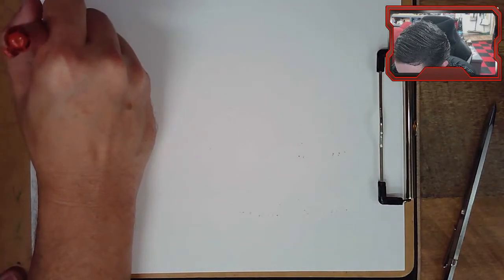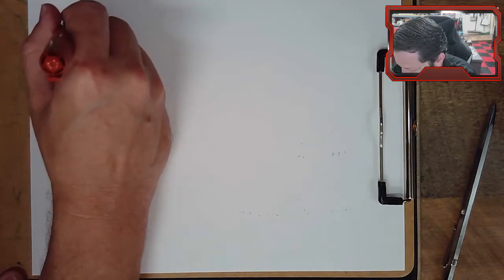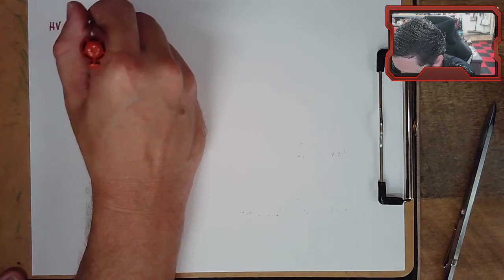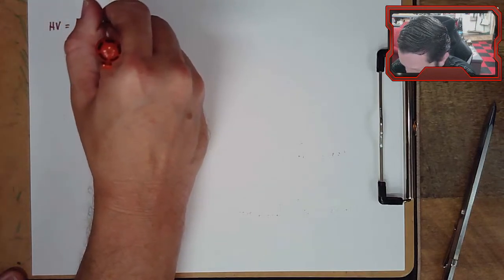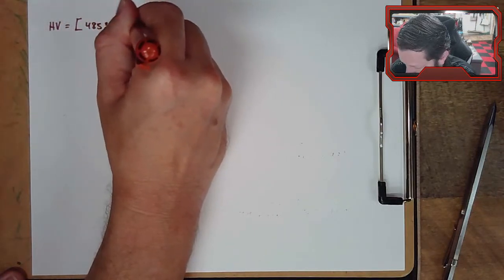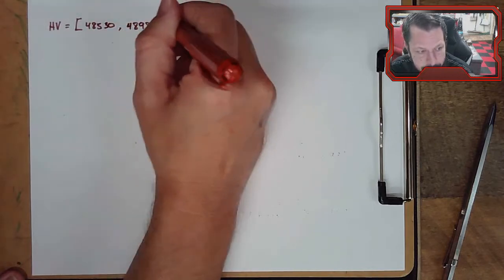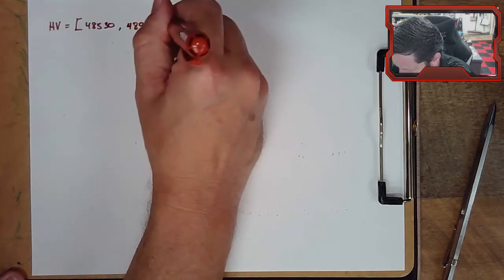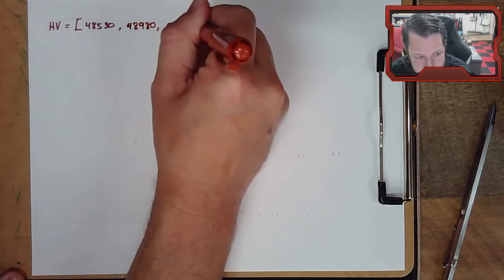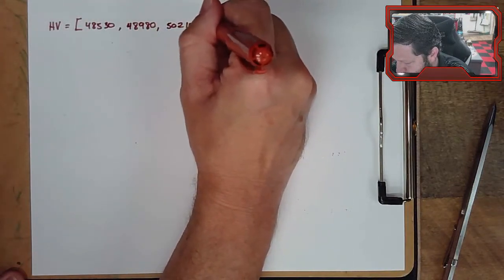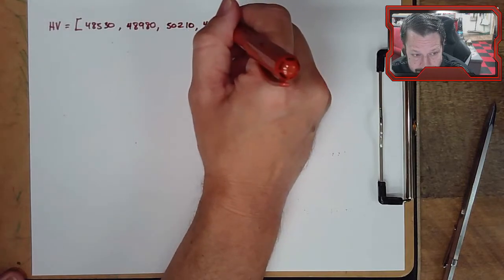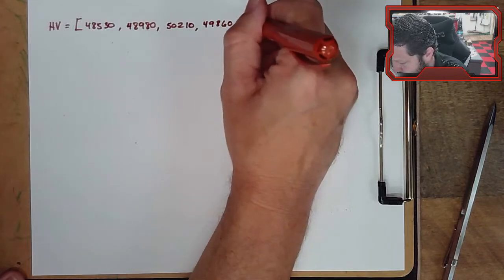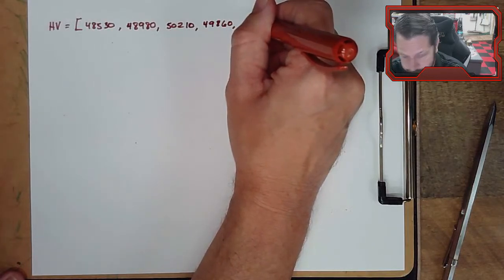The heating value, we'll just call it HV. These are all in kilojoules per kilogram. The units don't necessarily matter for what we're doing, unless we were combining these with other numbers where the units did matter. Right here, we're just comparing them to themselves.